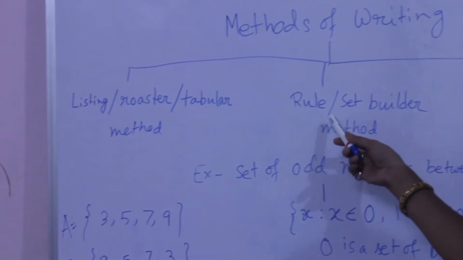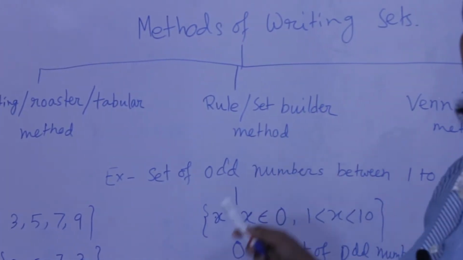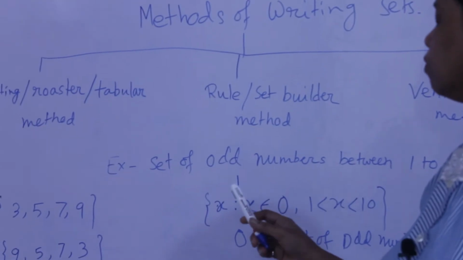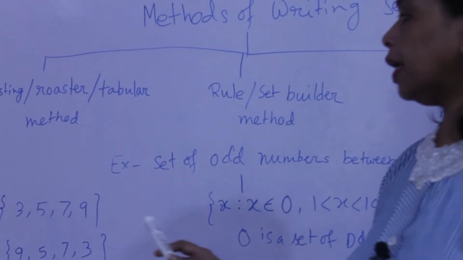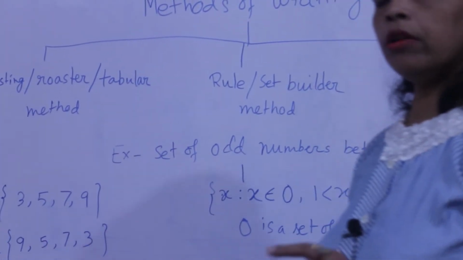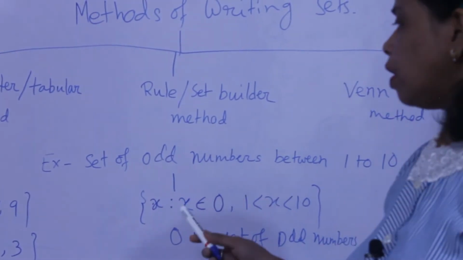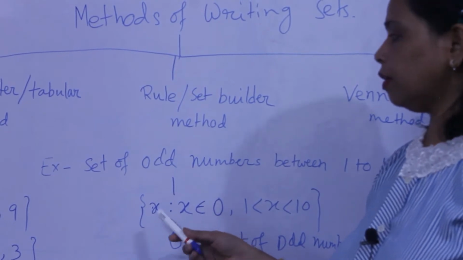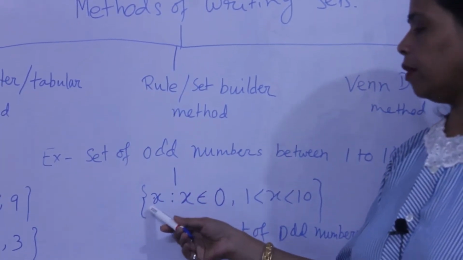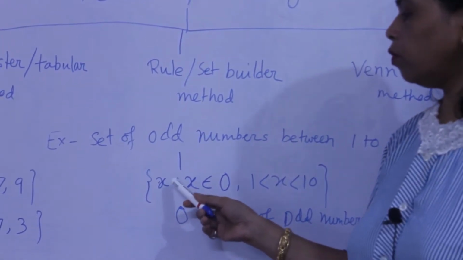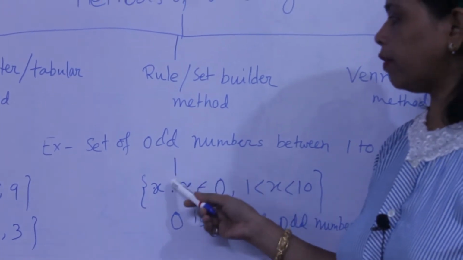Next, rule or set builder method. In this method, we do not use any numbers like this. We will write it in a general way using a variable. Suppose we know x is a variable. Here, x is a variable, and after this we use a colon or a vertical line.